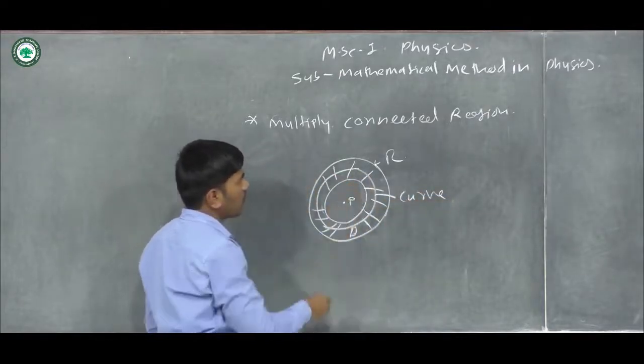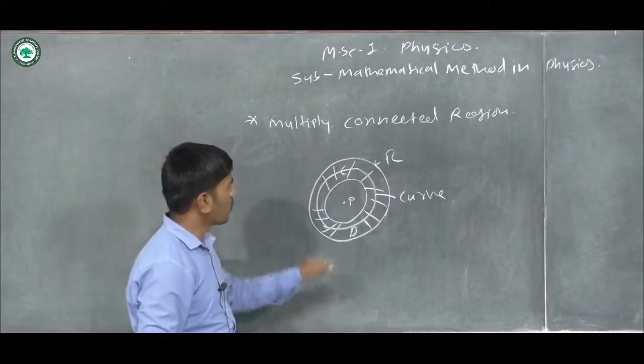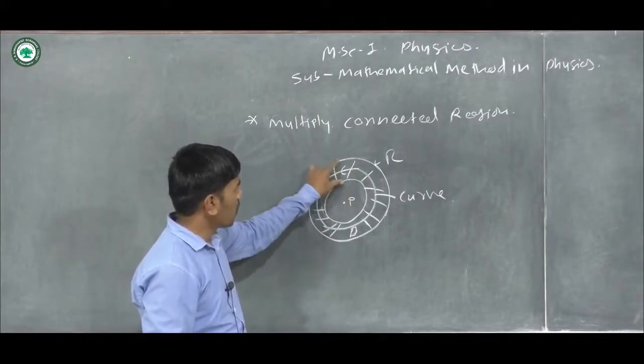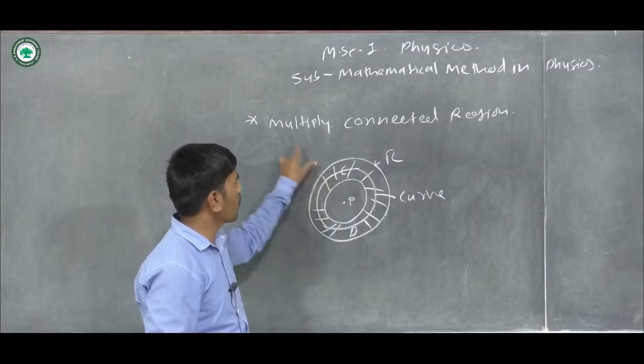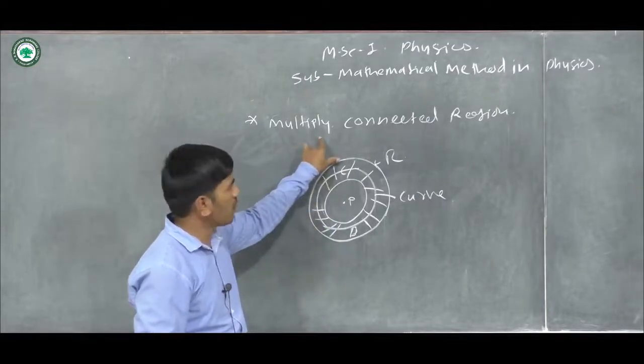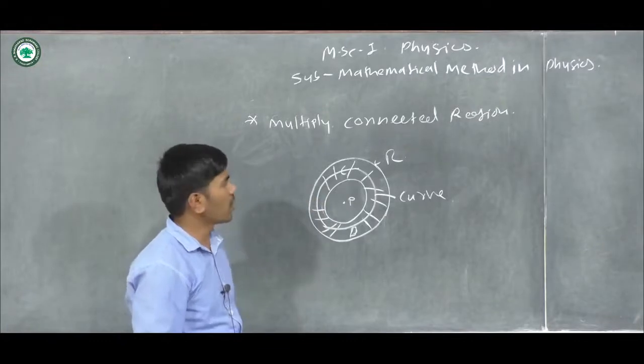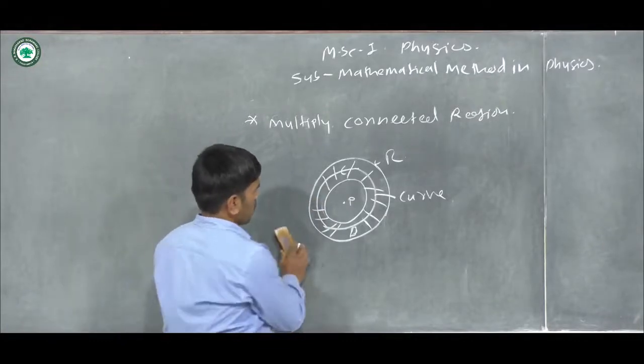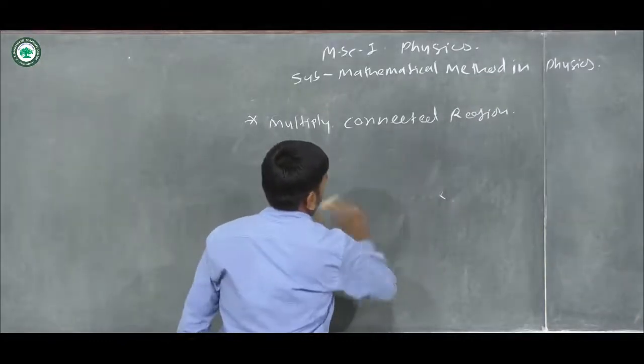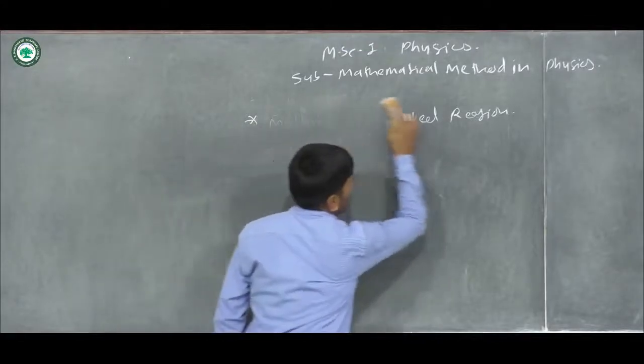When this curve cannot be shrunk to the point without leaving the region, then we call this the multiply connected region. So this is the difference between the simply connected and the multiply connected regions, that is what we discussed in the last lecture.